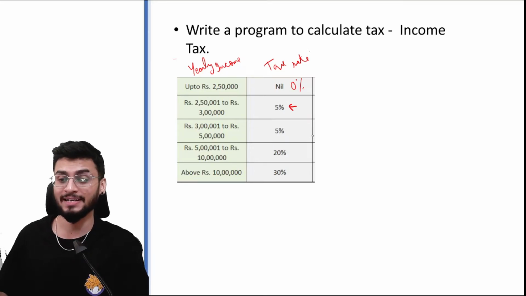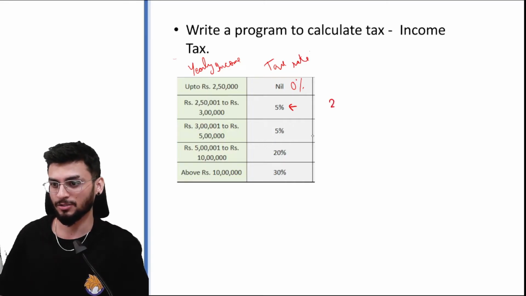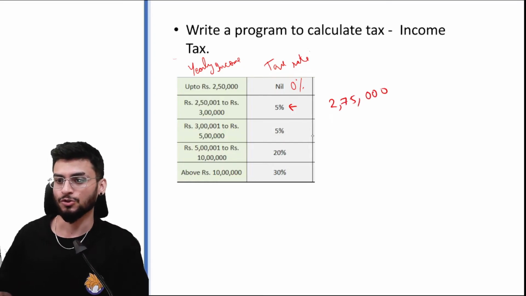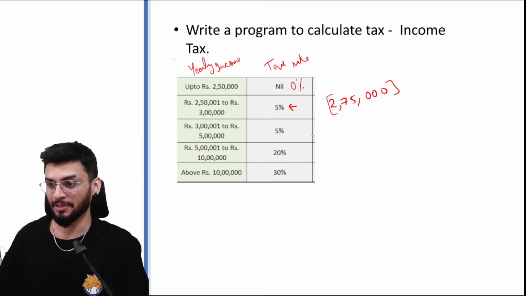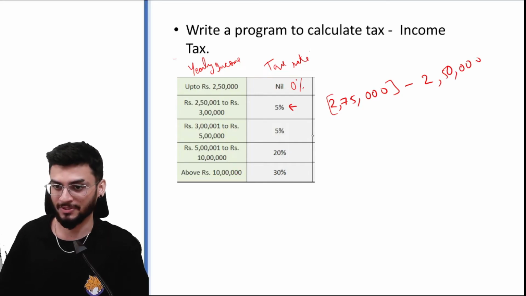But the taxable income is whatever your amount is. Let's say your income is 2,75,000. So the tax won't be on this entire amount. It will be this minus the lower limit, which is this.